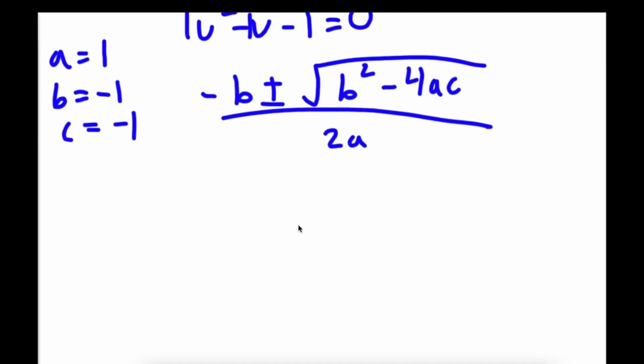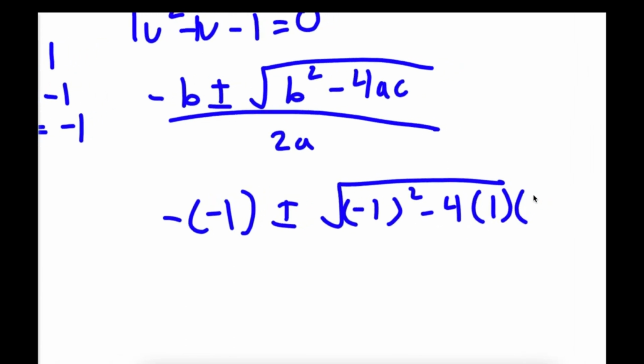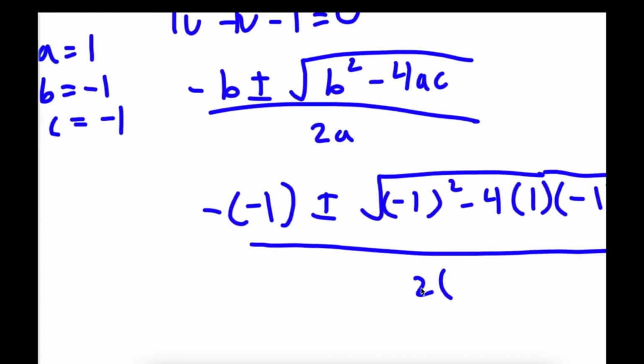Plugging this in, I get negative (negative 1) plus or minus the square root of negative 1 squared minus 4 times a, which is 1, times c, which is negative 1, and I'm dividing this by 2 times a, which is 1.